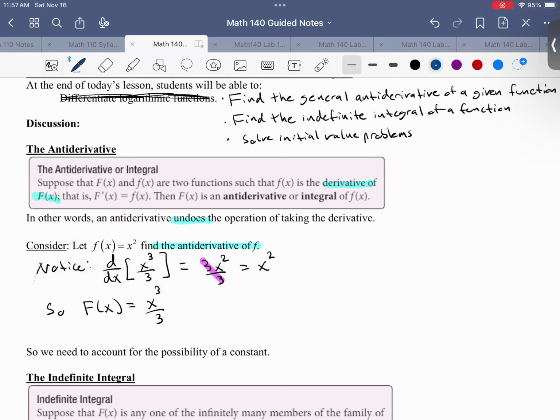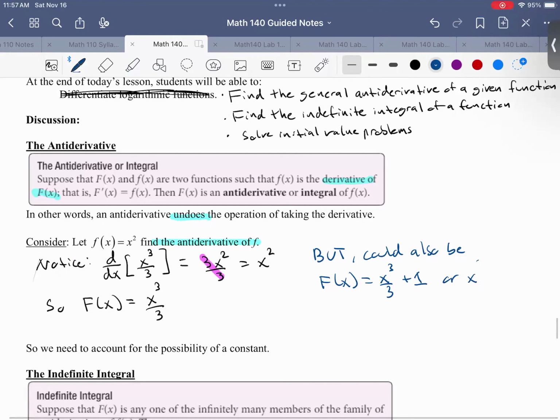But it could also be something along the lines of x cubed over 3. But what if we had plus 1, or x cubed over 3 plus 100?